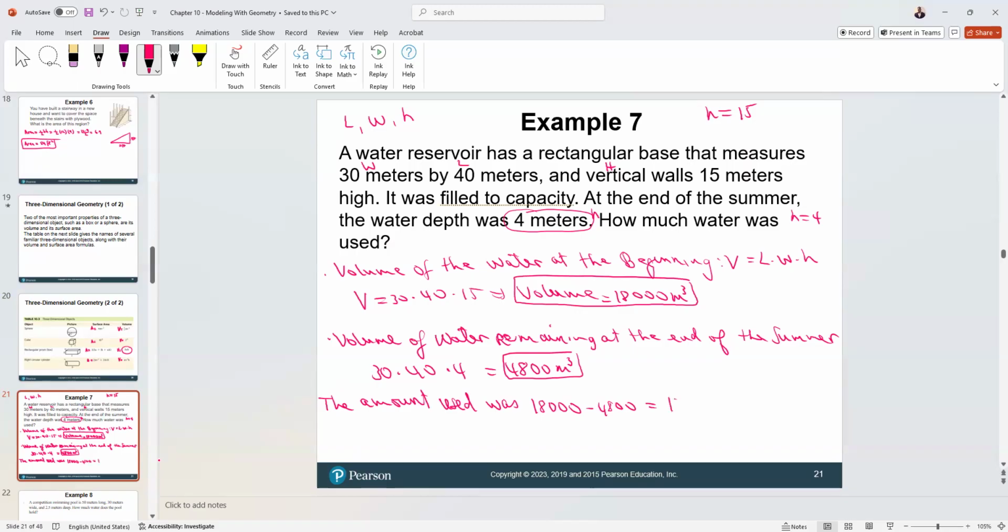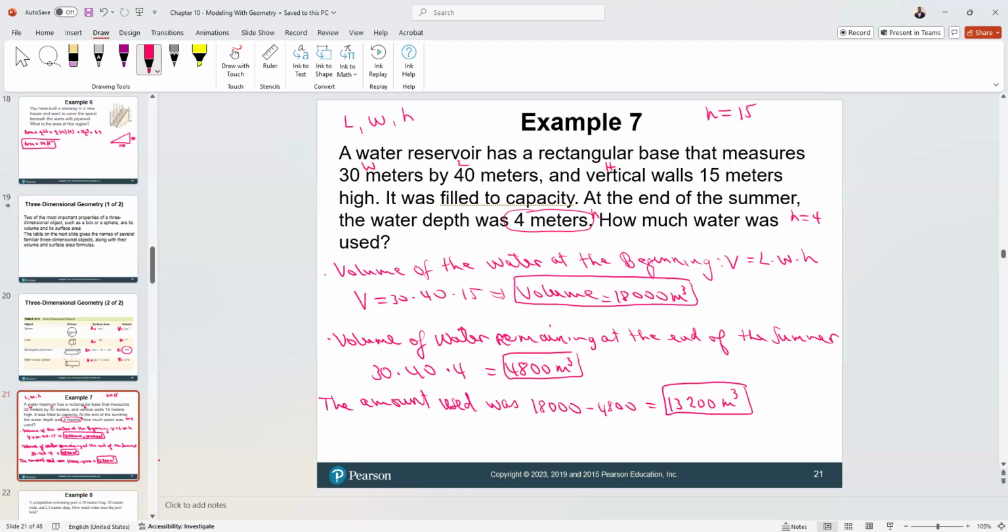So they used 13,200 cubic meters. That's very, very important.